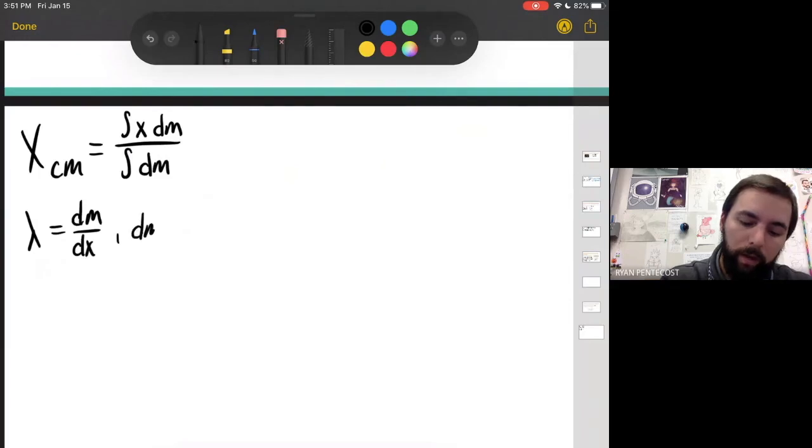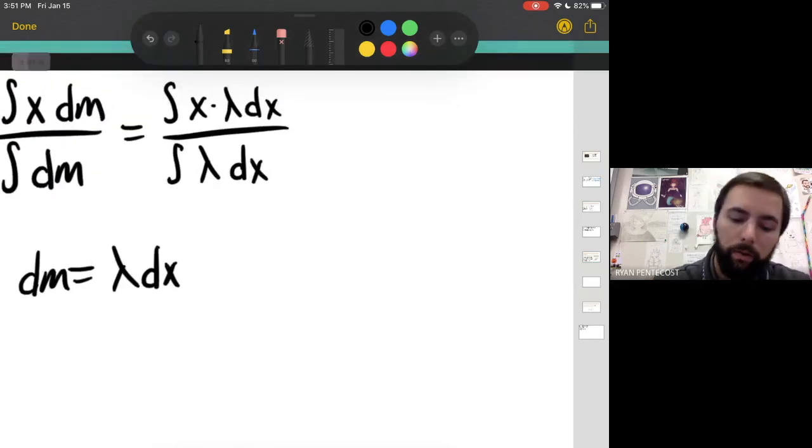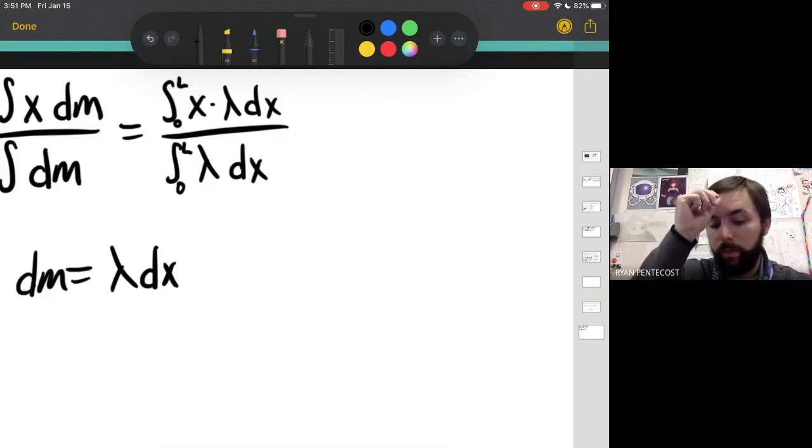Therefore, dm is equal to lambda dx. So let's actually plug that in up here. We have the integral of x times lambda dx divided by, we can actually put lambda dx here too, the integral of lambda dx. Now, it's also best, if you can, to give your integral bounds. So we'll go from 0 to the length L to make sure that we are getting this in terms of the length.